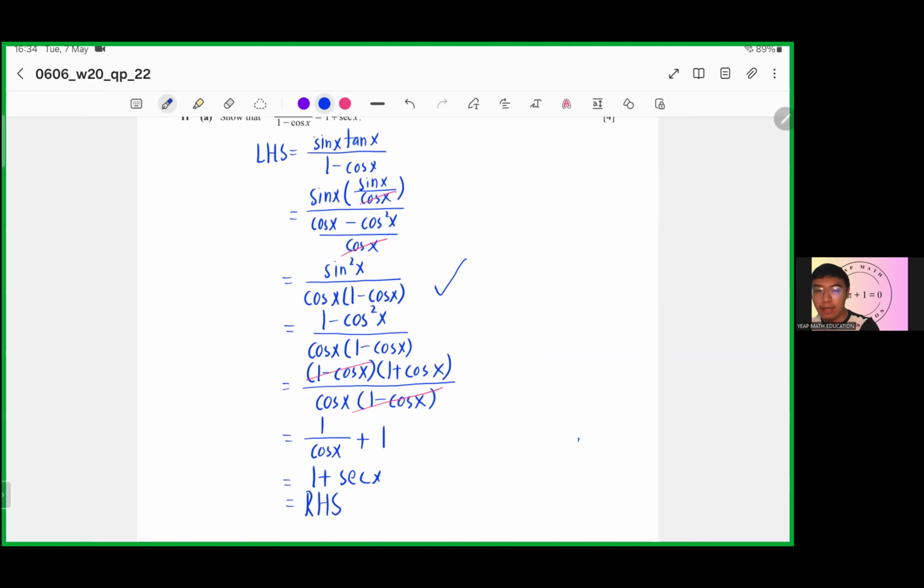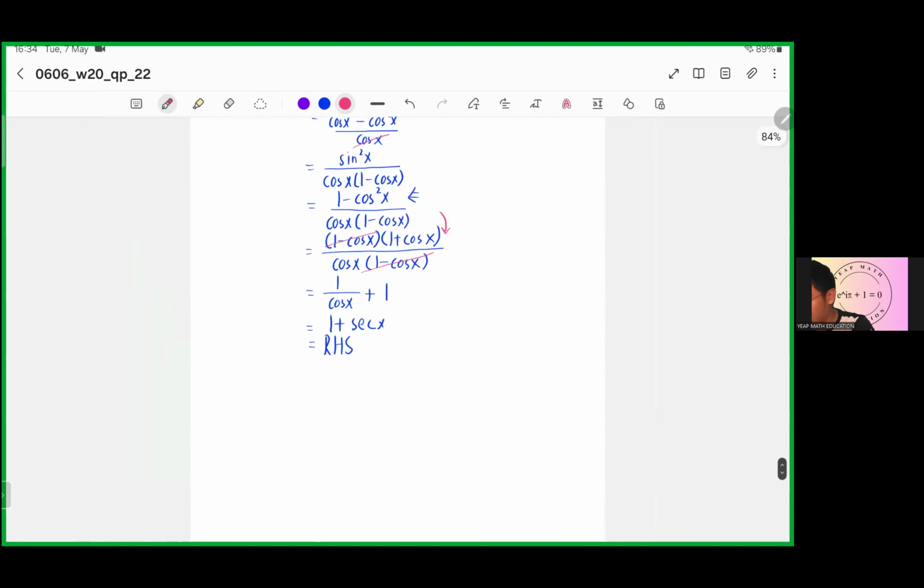Then you can separate because this is a difference of two squares. After you get this part, you can cancel the same elements. Now you get 1 over cos plus 1, and then 1 plus sec.